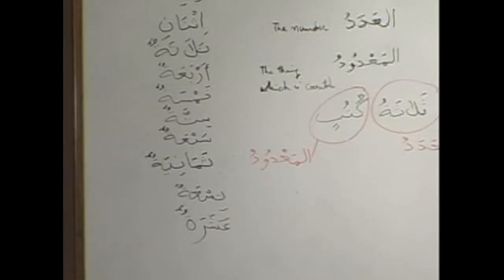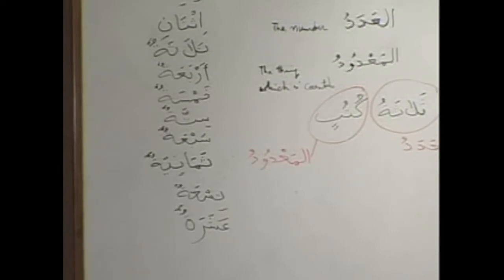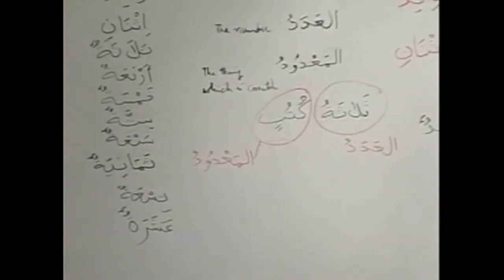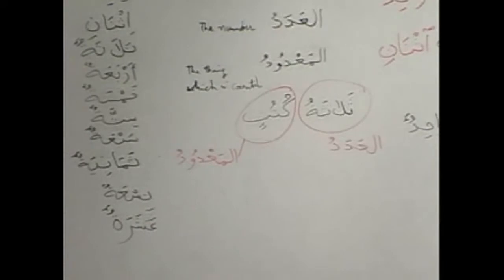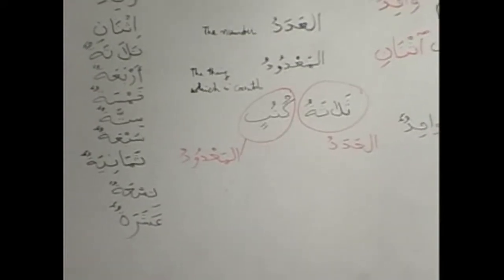Tanween cannot come on mudaf. If I wrote it separately, I wrote it salasatun. But if I make it as a mudaf, then it is salasatu. I am doing this to try to make you as simple as possible, inshallah. Okay?